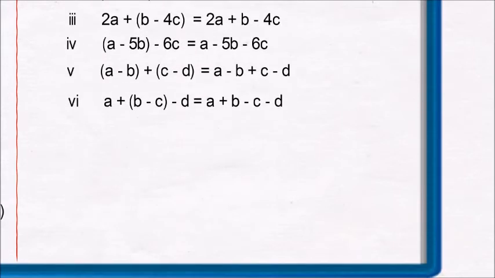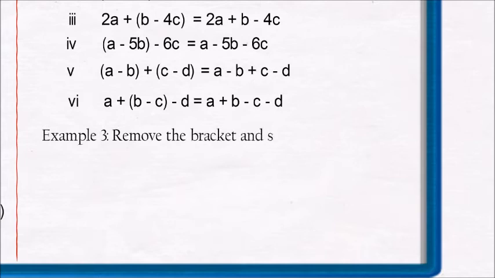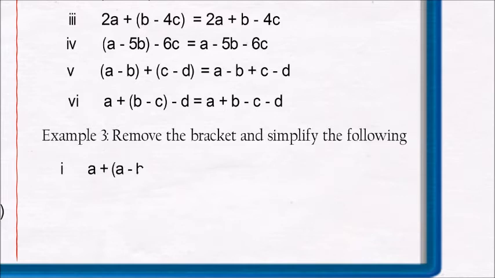Alright, so let's quickly look at the last set of examples. And the question says, remove the brackets and simplify the following. 1. A plus open bracket A minus B. 2. 6x plus open bracket 3 minus x close bracket. 3.